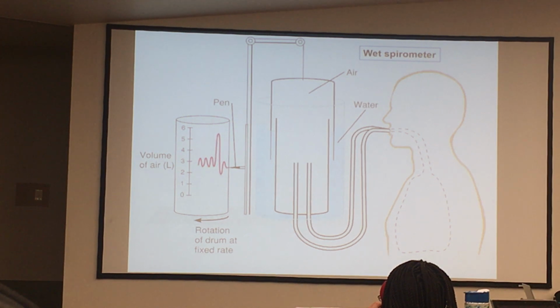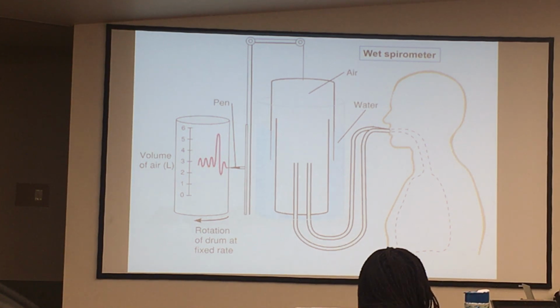Now, how do we measure this air in and out? We call it a spirometer. The classic, original one: we have two nostrils, the holes there, so we use the mouth to control it.